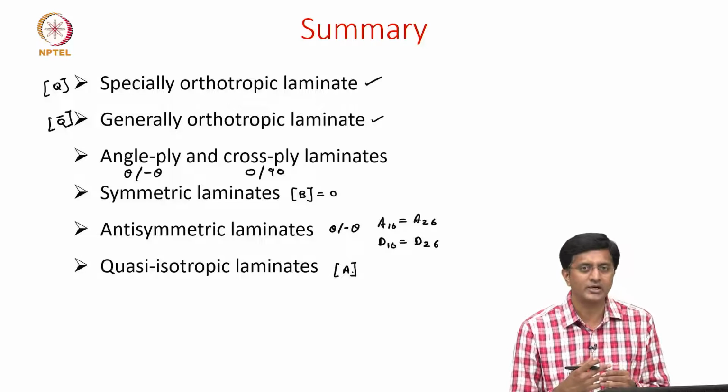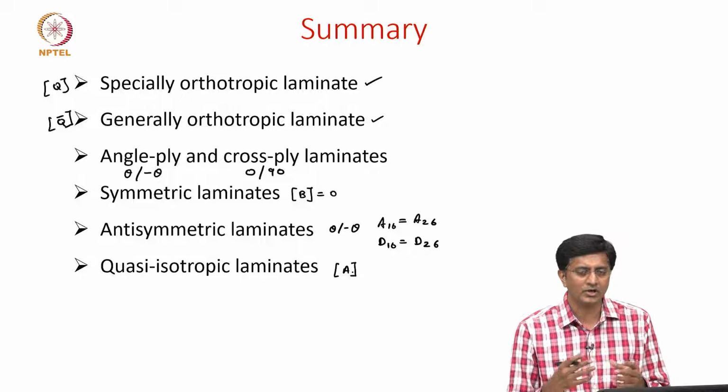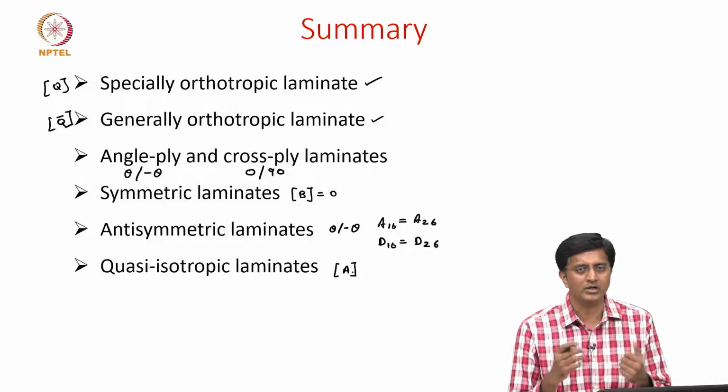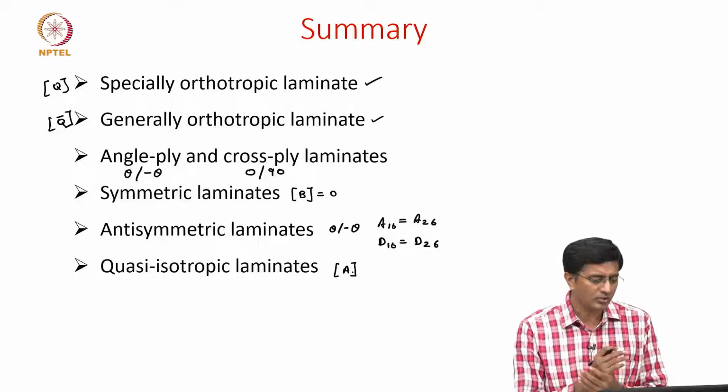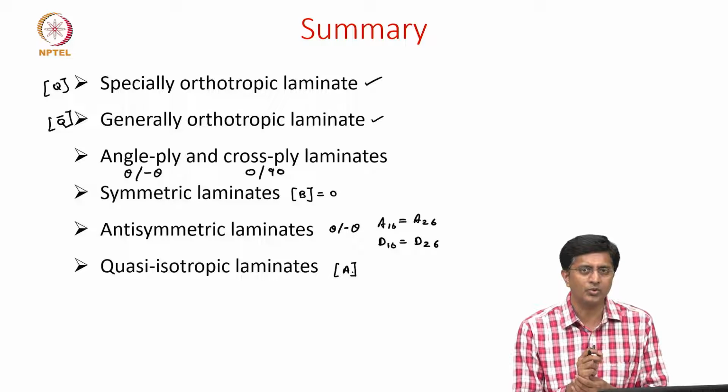For example, for symmetric laminates, during curing we don't want the shape of the laminate to change, so we should use symmetric laminates where this bending-extension coupling is gone. Okay, this should conclude our discussion on the select laminates. Next video will briefly look into the hygrothermal stresses in a laminate.